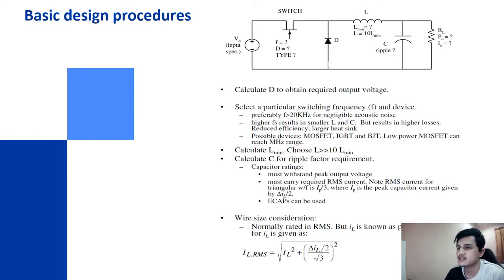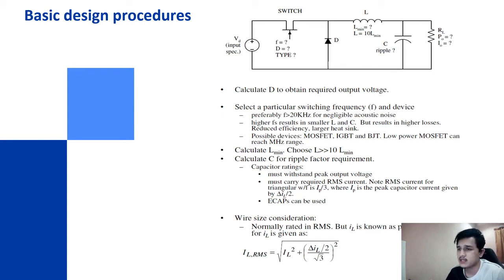Higher Fs result in smaller L and C, but result in higher losses, reduced efficiency, and a larger heatsink. And lastly, possible devices are MOSFET, IGBT, and BJT. Low power MOSFETs can reach megahertz range.